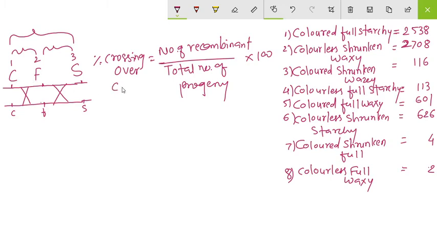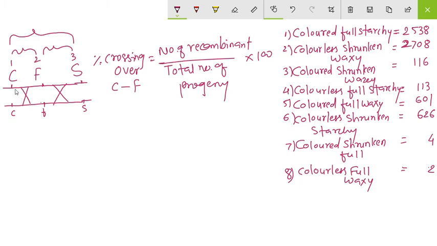So here the percent crossing over between C and F. So we have to calculate only those progenies which were produced due to the C and F crossing over.